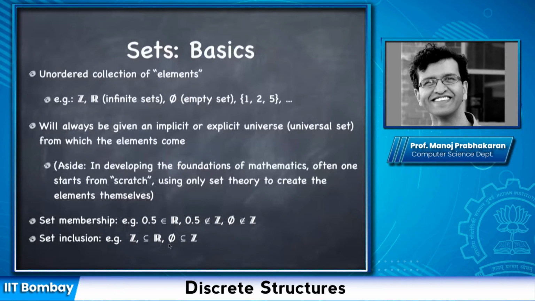So the set Z is included in the set R. And you could also reverse the symbol and write Z is a superset of the empty set. And you would be familiar with the set operations like union, intersection, complement, and set difference, and we will shortly see them again.